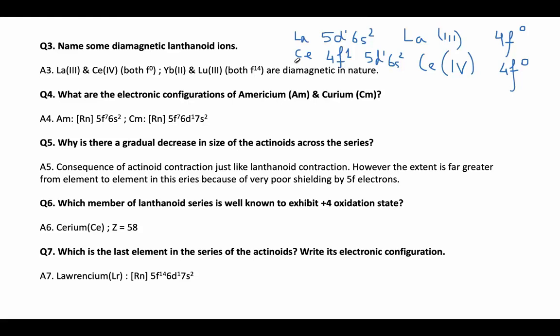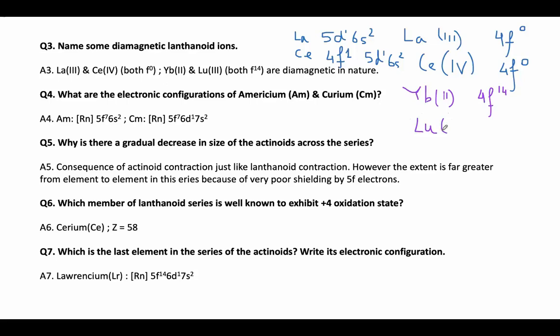Just in the last question we discussed that ytterbium has the electronic configuration 4f14 6s2. So ytterbium 2 plus is 4f14. Also after ytterbium, we have the last lanthanide atom, lutetium.